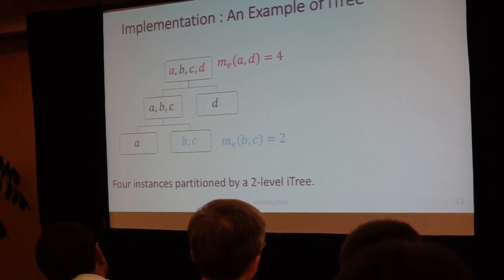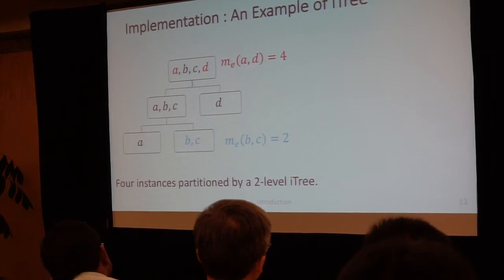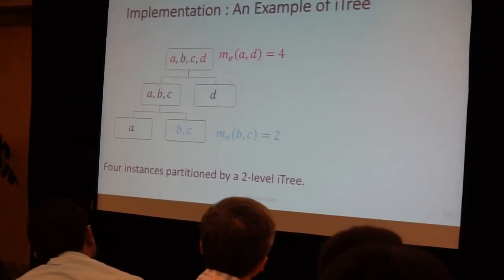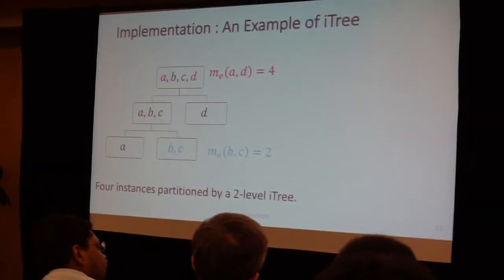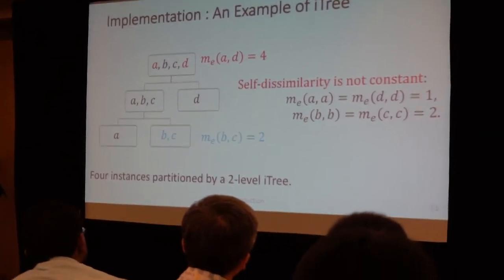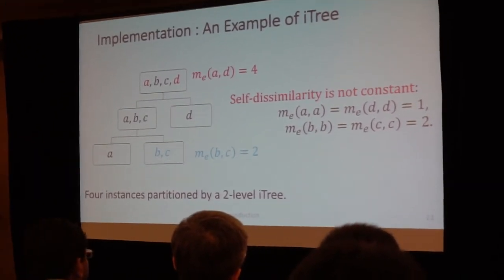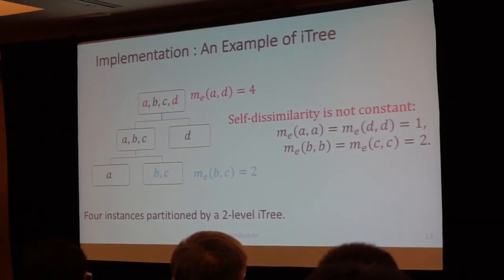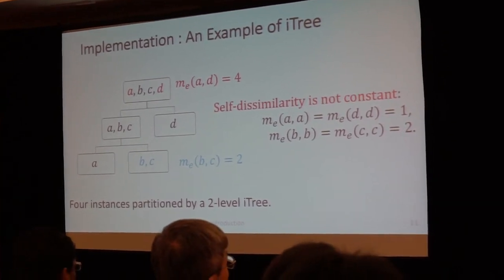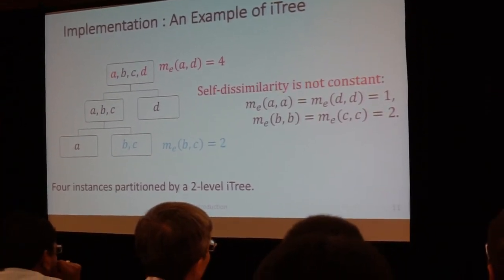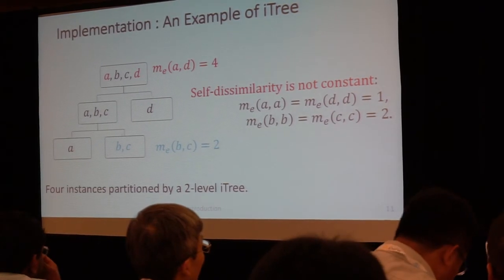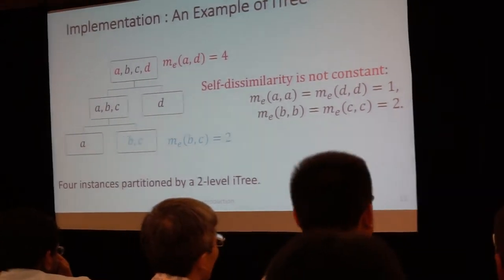And what is interesting, compared with a distance measure or any measure which is a metric, is that the self-dissimilarity is not a constant. So it's different from not only the distance measure, but also from any other metric measure we now know.